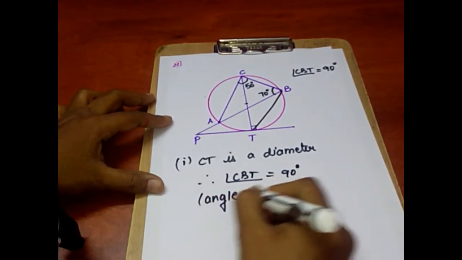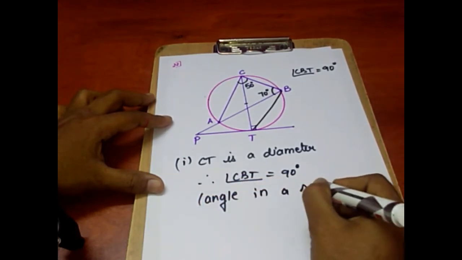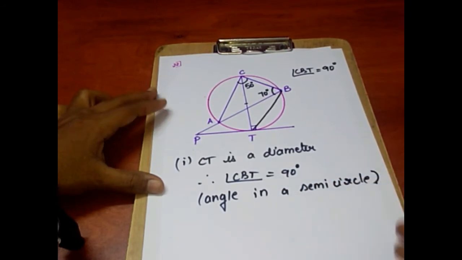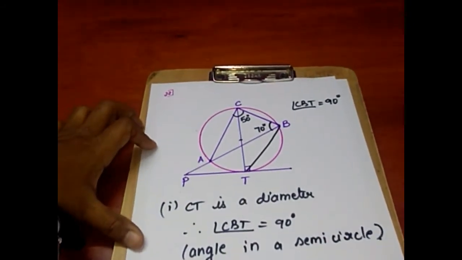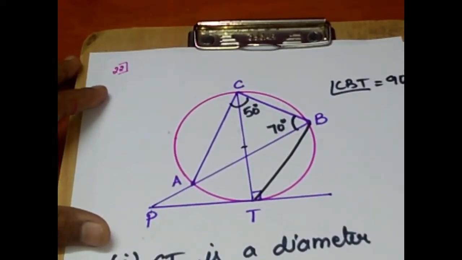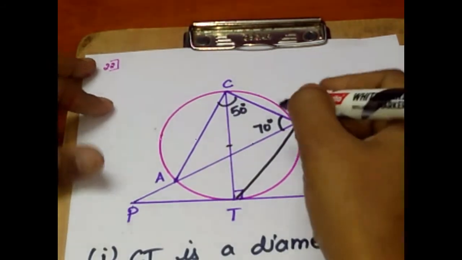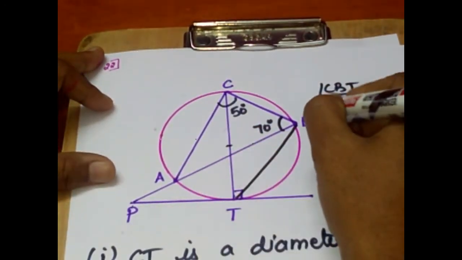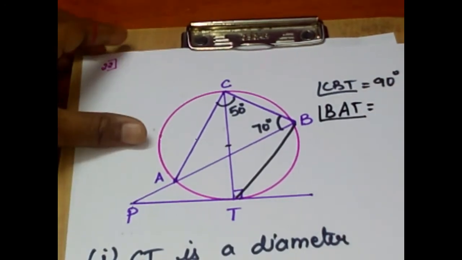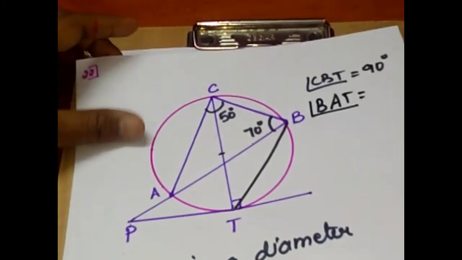Reason, angle in a semicircle. Okay children, now let us move on to point number 2. What is asked to calculate? Angle BAT. There are many ways to calculate this. We need to calculate angle BAT.